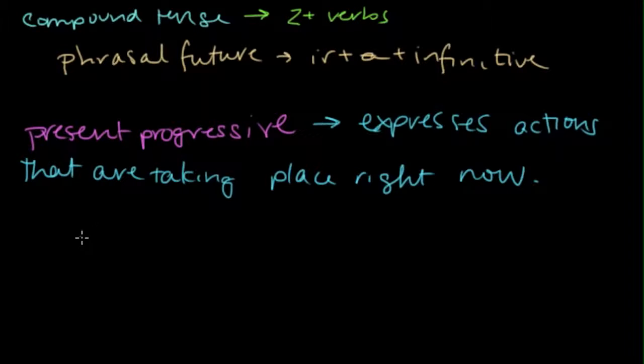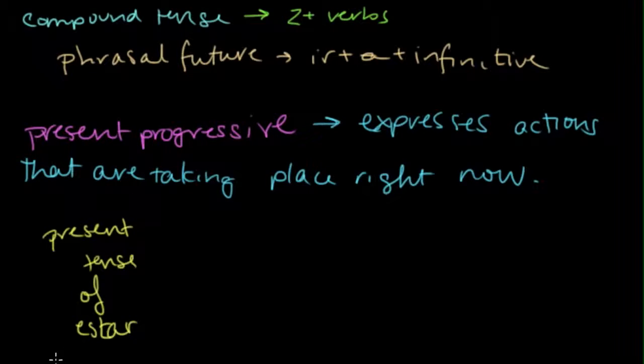Now, the way it is formed is with the present tense of estar, and this will be the verb that is conjugated. And to that, you will add what is called a gerund. You may or may not have heard of gerunds before. Either way, it's totally fine.